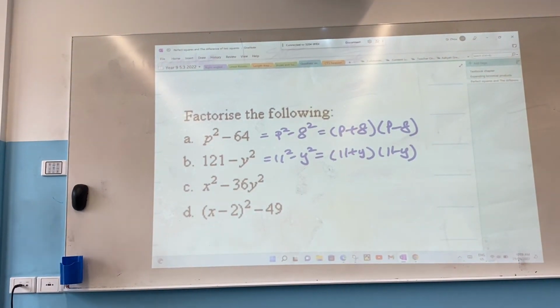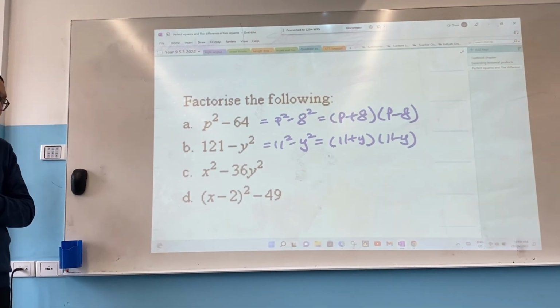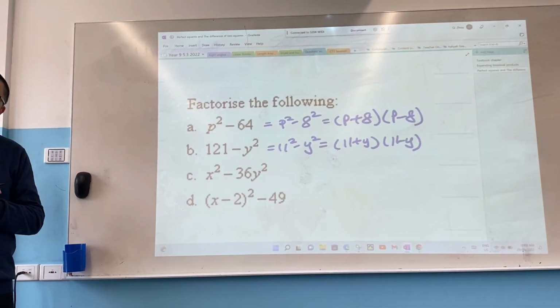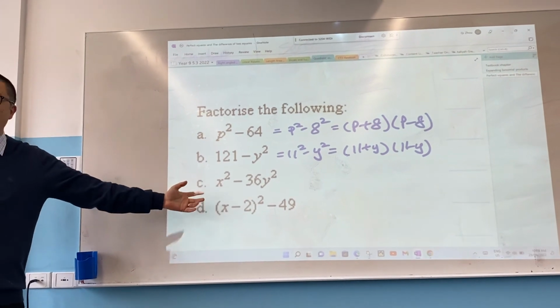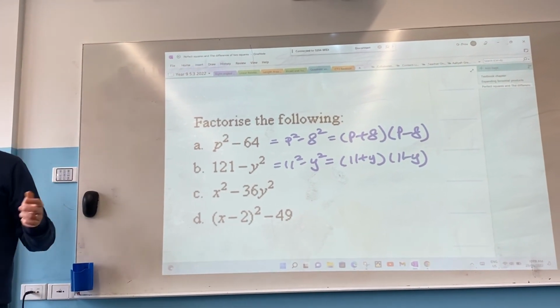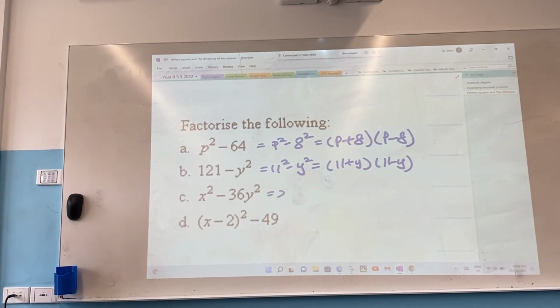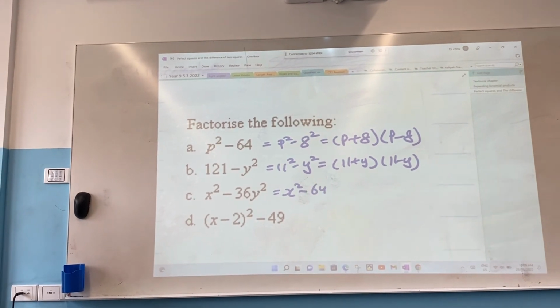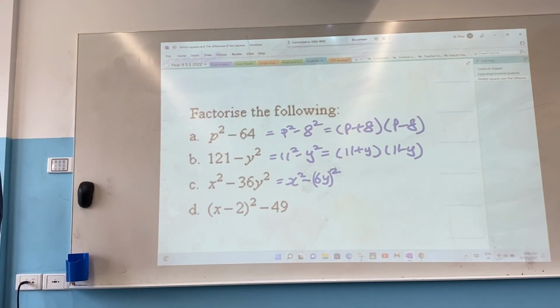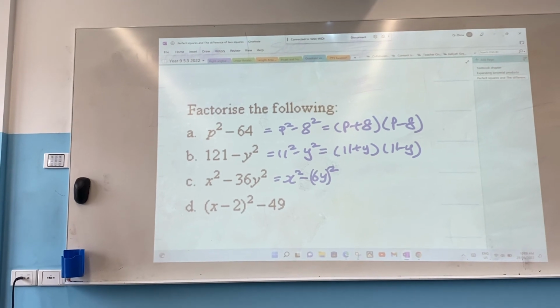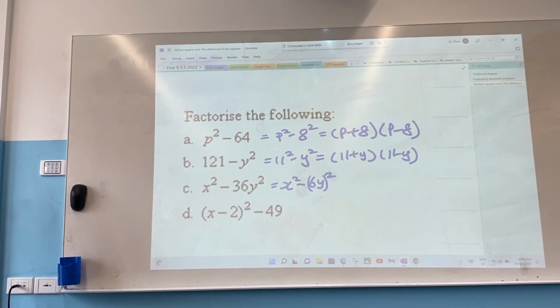Okay, C. 36, what am I thinking? 6, very good. So that's my first step. Can we recognize that?